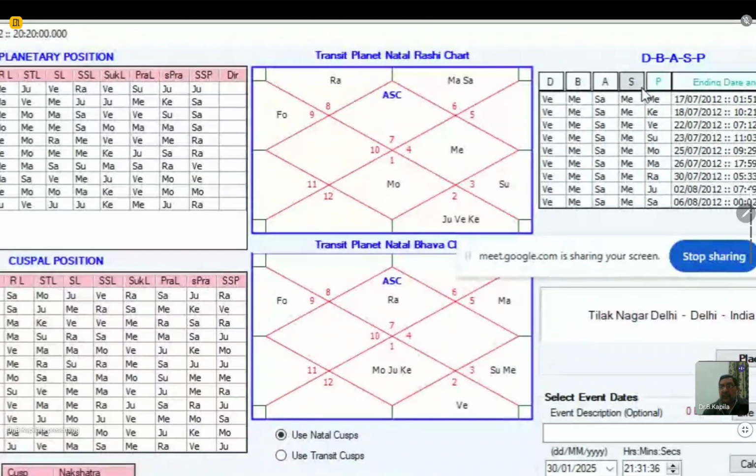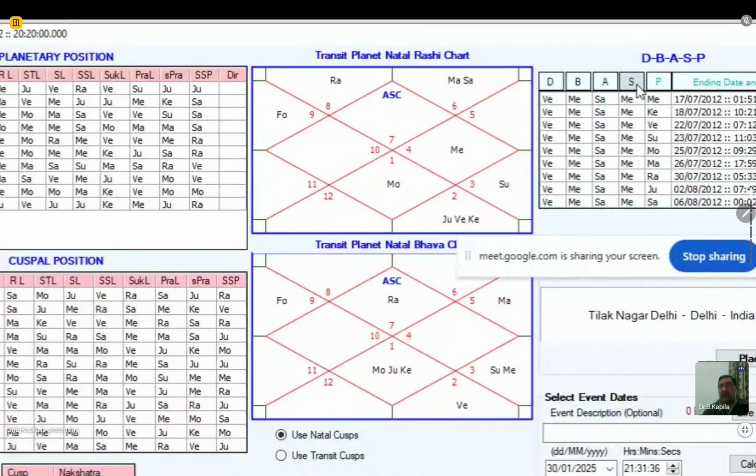How do we do it? For fixing the Prana Lord as well as Sukshma Lord, if you remember, we have already discussed that we have to look at the transit of Sun and Moon, and finally the transit of Moon. Now, the transit of Sun can happen either in this sign and at the most in the next sign, that is Cancer sign.